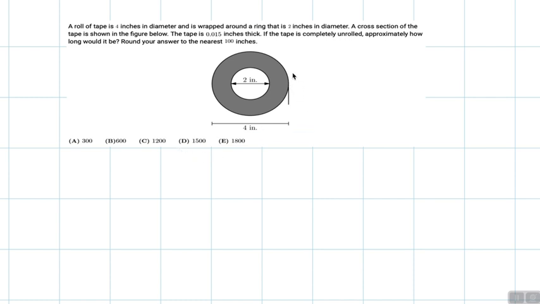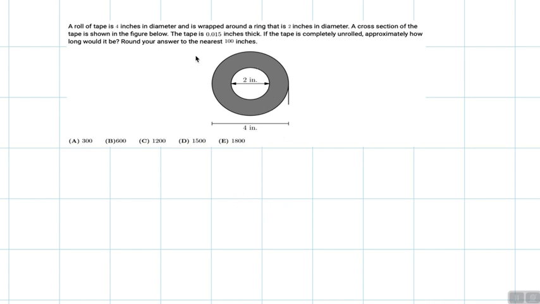So one thing to note here is if you just go around this once, one unraveling, so from here all the way down and stop again here, the length of that tape is just going to be this circumference.